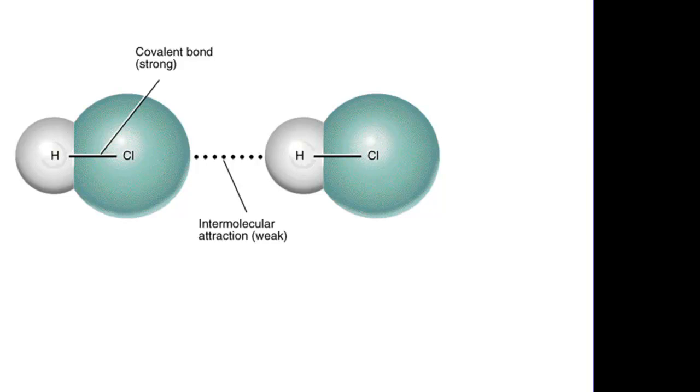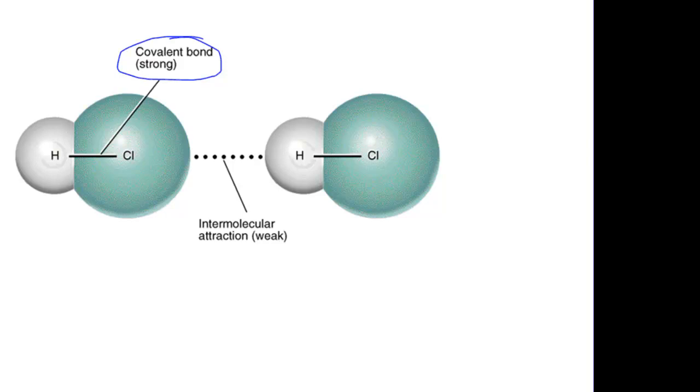Bonds is the sharing or transfer of electrons to hold the atoms together to form molecules or compounds. Intermolecular forces are the forces that occur between the two molecules, holding those molecules into a structure of a liquid or a solid. So in this case, you see here we have hydrochloric acid. The hydrogen and chlorine are held together by a covalent bond.